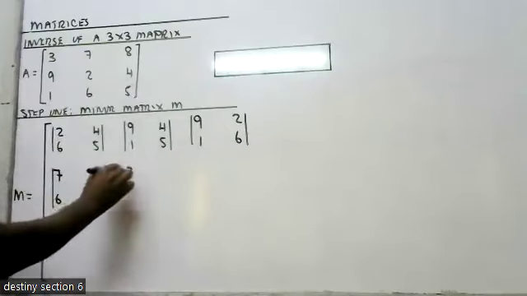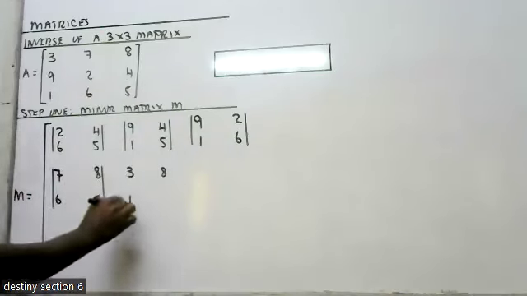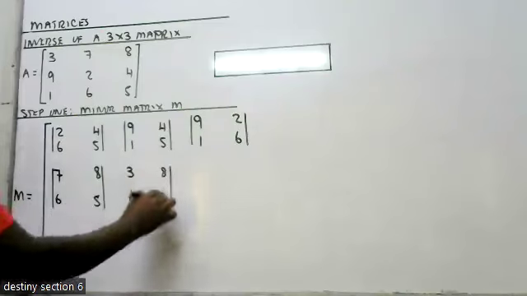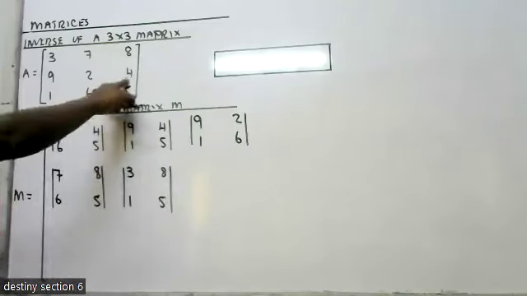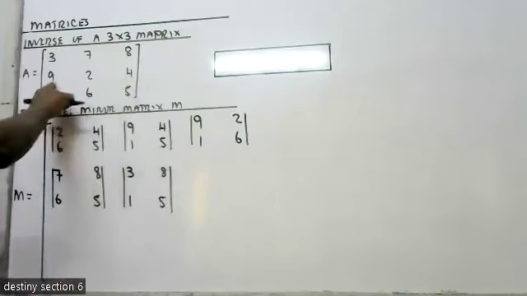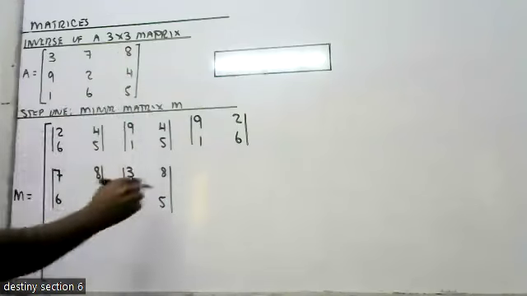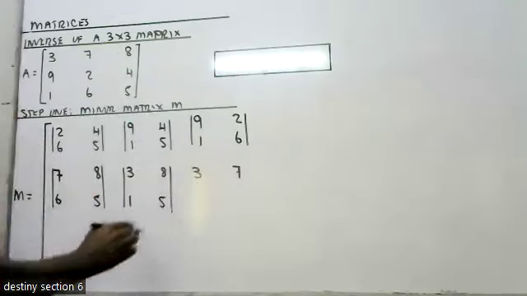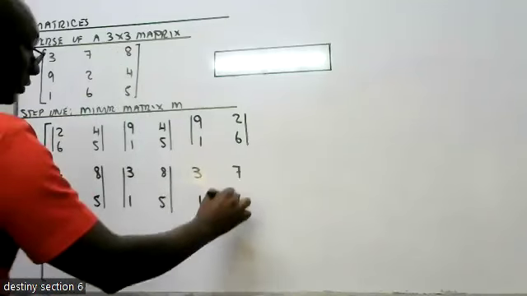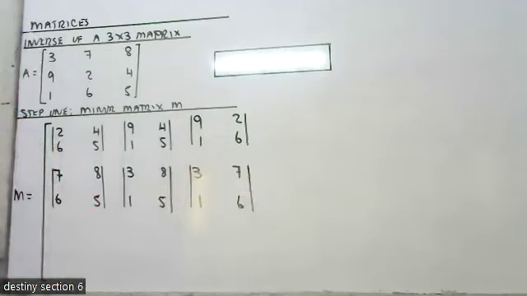You are left with 3, 8, and 1, 5. And you come where we have these 4, you broke this row and this column so that we have 3, 7, and 1, 6.